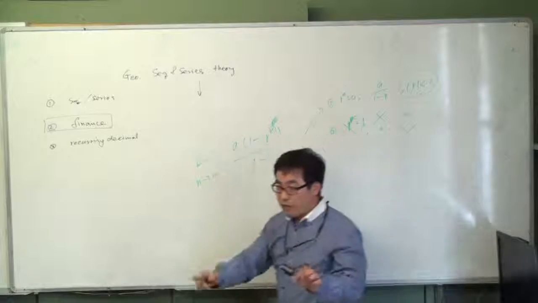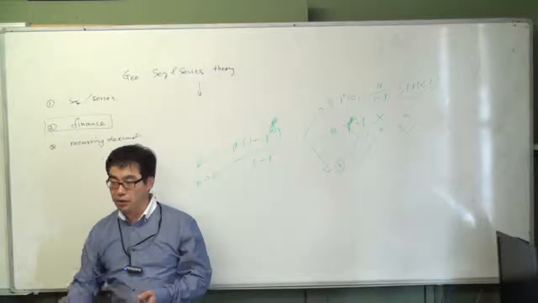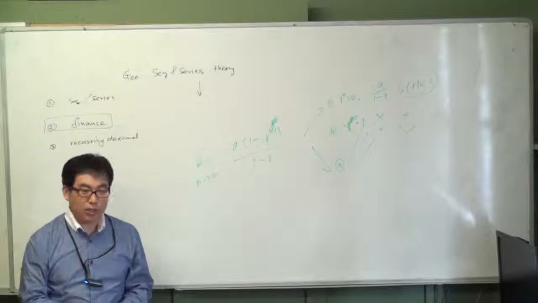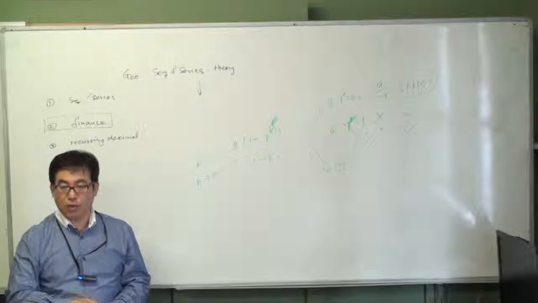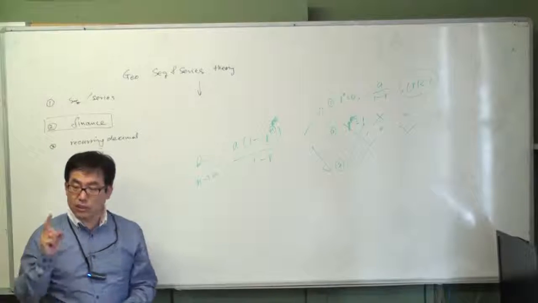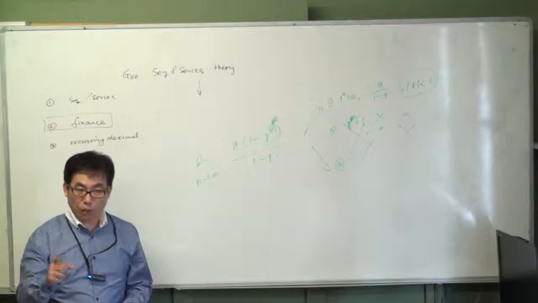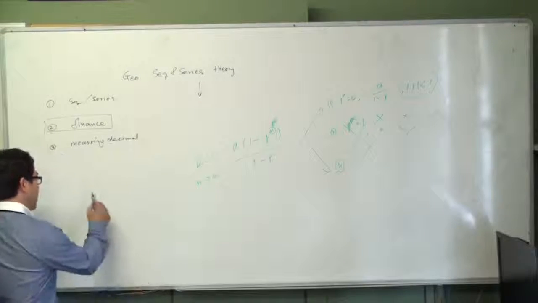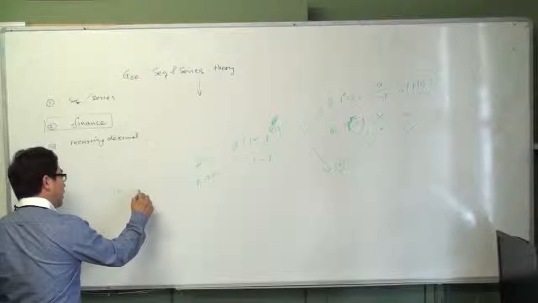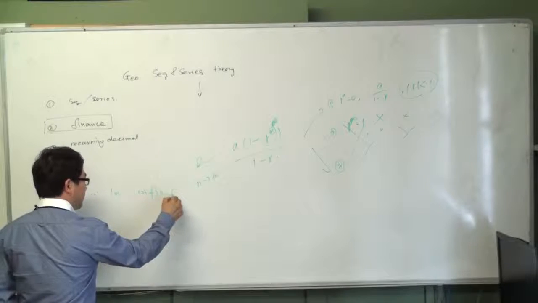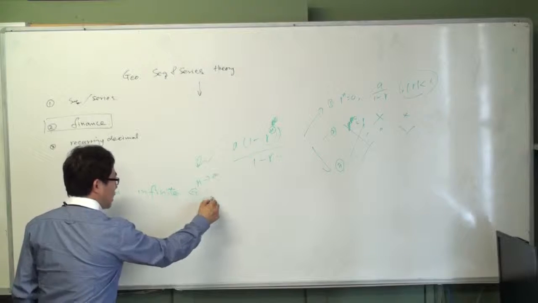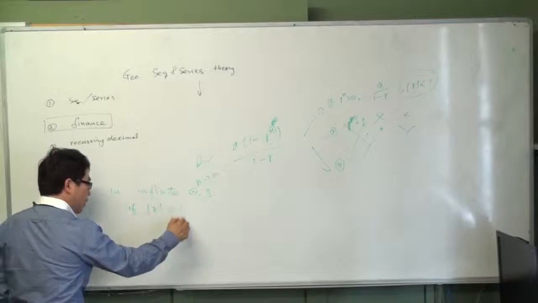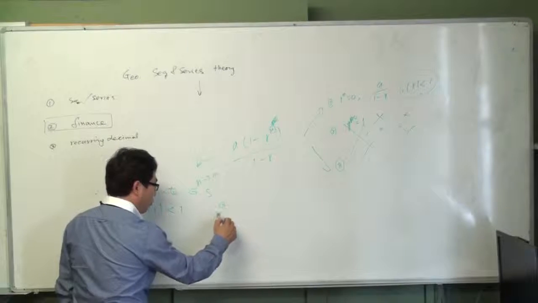So for an infinite sum of a geometric sequence, the answer is only 2 ways: it does not exist, or it exists and the answer is A over 1 minus R. Okay, so therefore, in an infinite geometric sequence, if it's less than 1, then the answer is A over 1 minus R.